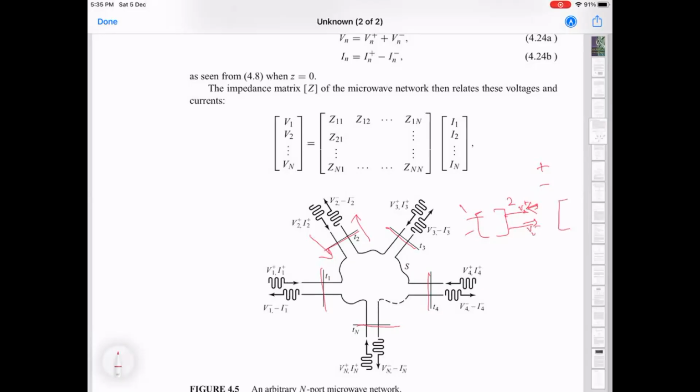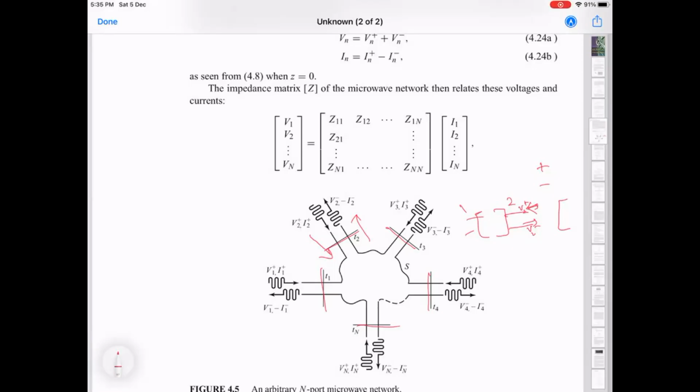If that is connecting to some other device, it will have the plus and minuses in the reverse direction, so it's important to keep this in mind when stacking. The signal going towards the network is plus, and the signal going away from the network, the reflected wave, is minus. So if you say incident and reflected, it makes sense with this convention.